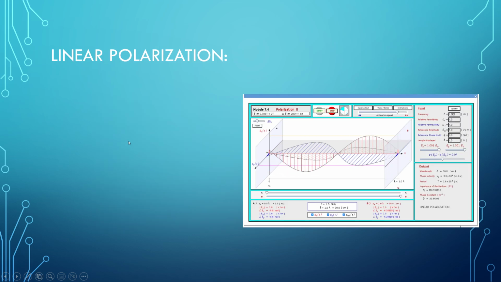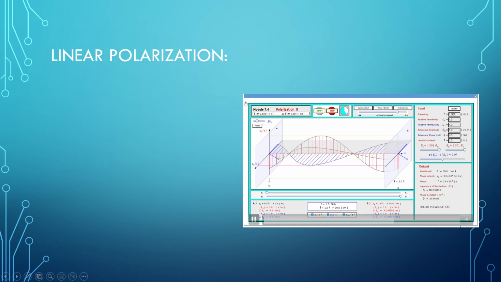So the first type of polarization we have is linear polarization. In linear polarization, which is the simplest form, the electric field oscillates along a single axis.